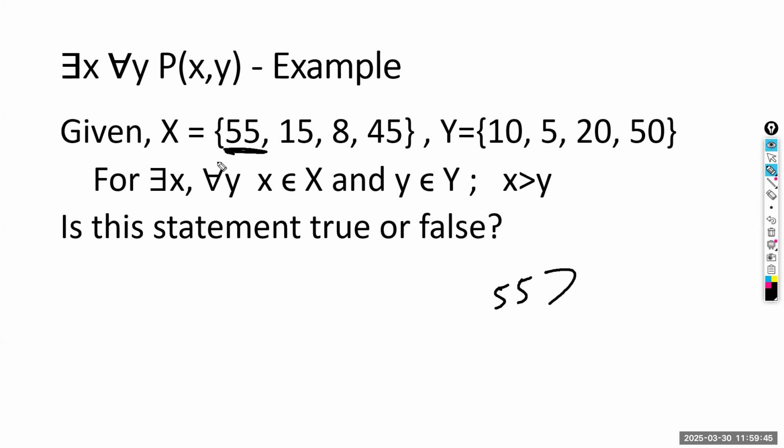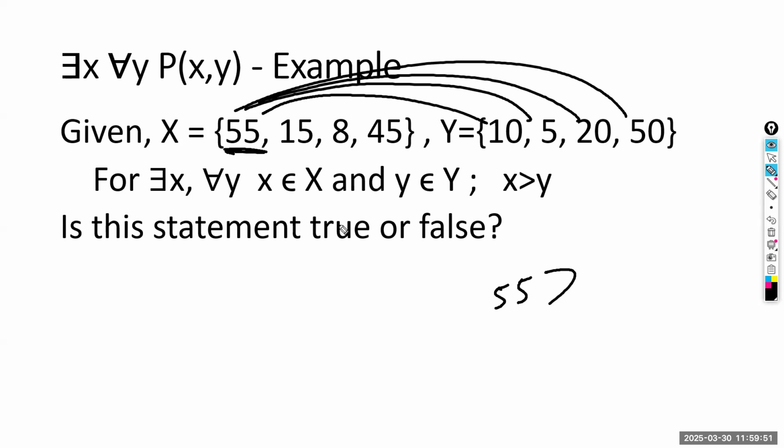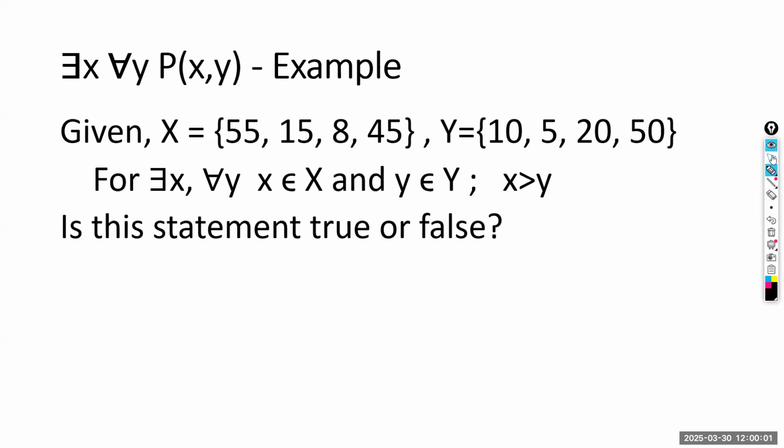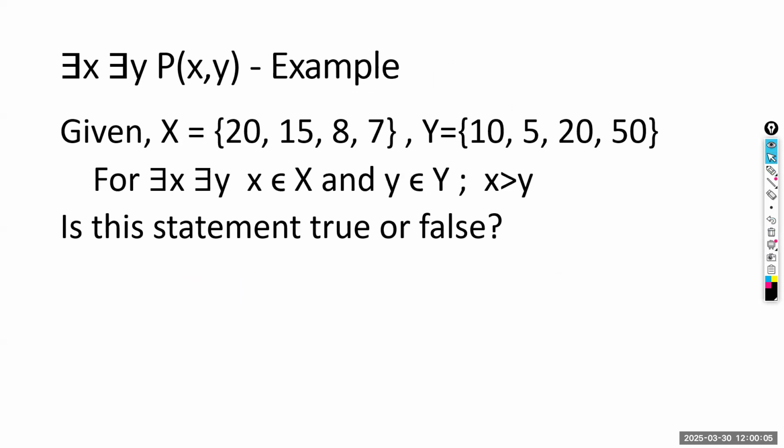All the values in y. Yes, 55 is bigger than 10, 5, 20, and 50. Yes, the statement is true. Okay. I found one value in x which is bigger than all the values in y. Do the second one.